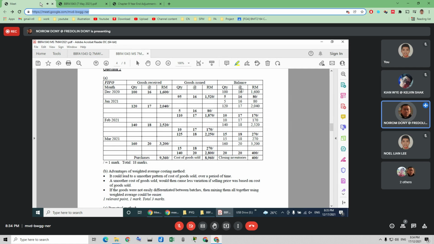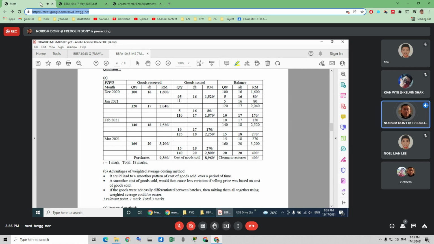We have only one batch, 16, which is 100, so enough to issue all 95. We are not recording the selling price, we are recording the cost price here. So we refer to 16 ringgit, record 16, then multiply, so 1,520.